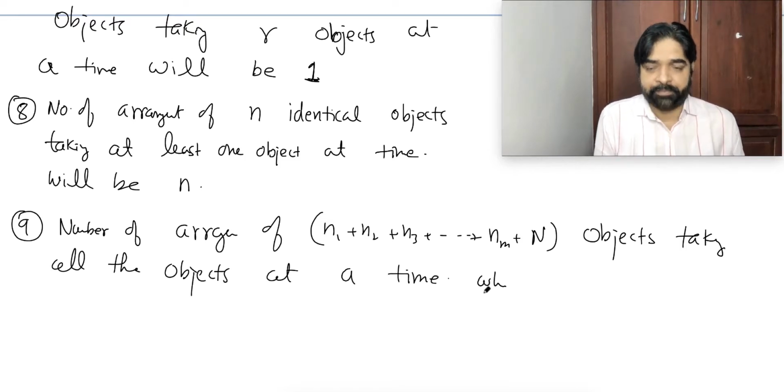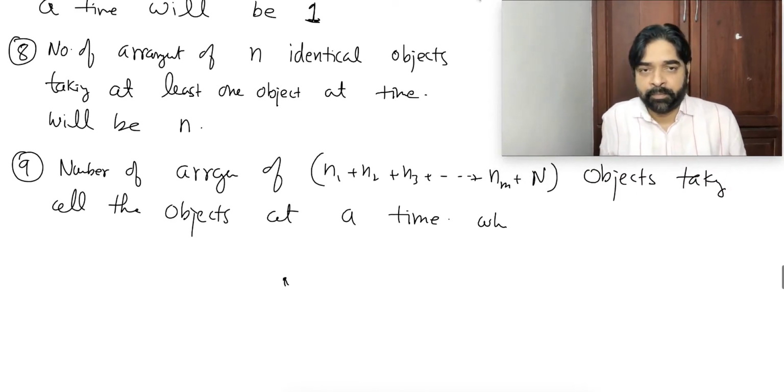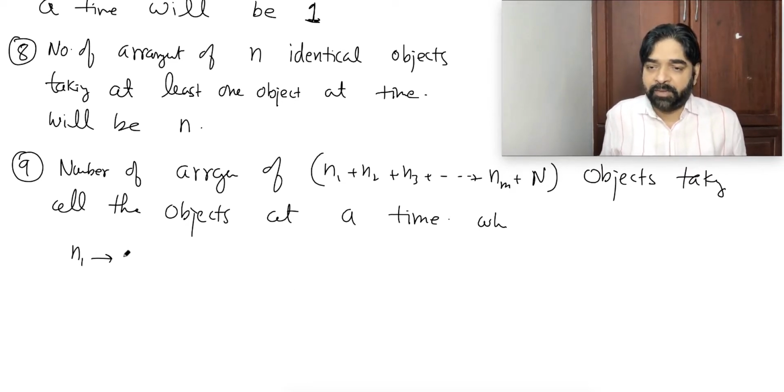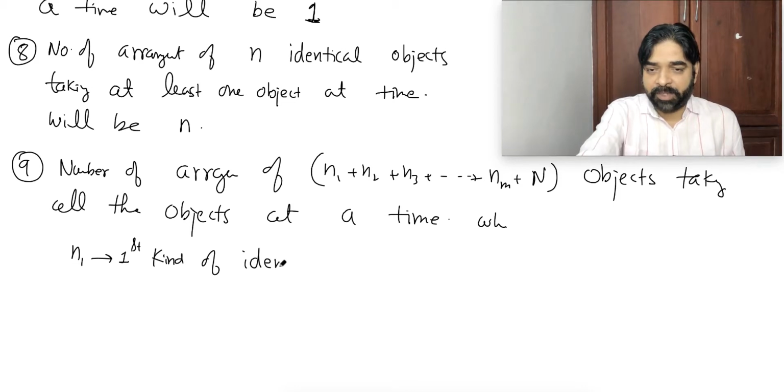Where? Meaning, try to understand. Where N1 is first kind of identical objects.